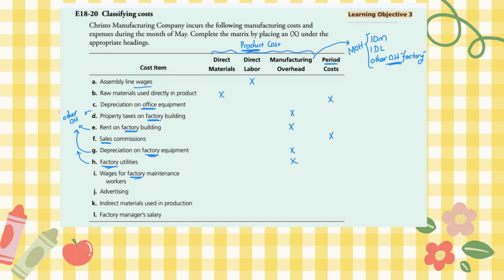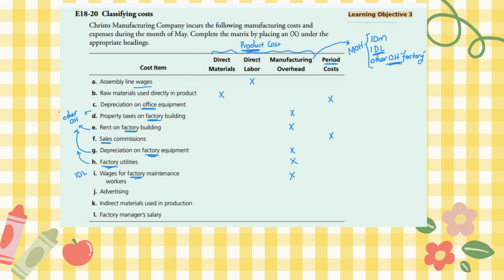They do the maintenance for the equipment which is used to manufacture everything in this factory, so it's going to be indirect labor, which is part of the manufacturing overhead.